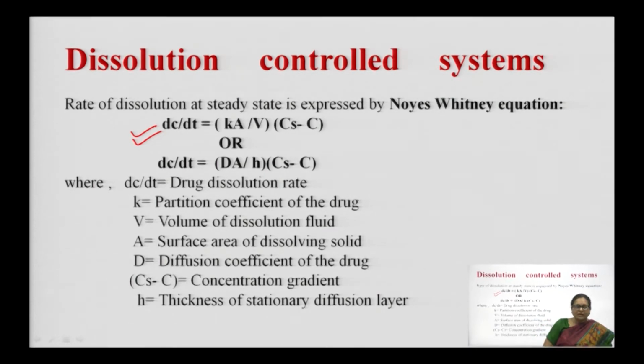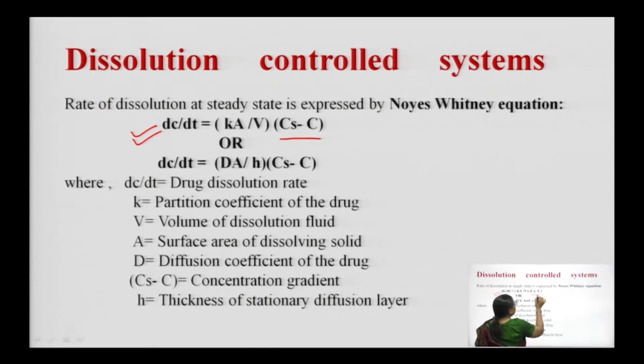So, we can see here that the dissolution rate is directly proportional to the partition coefficient of the drug and the surface area of the dissolving drug, whereas it is also dependent upon the concentration gradient. The Cs − C basically represents the concentration gradient, that is ΔC, between the stationary diffusion layer and the bulk of the liquid.